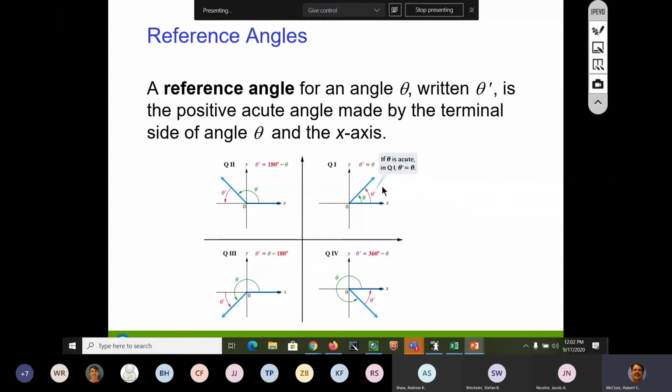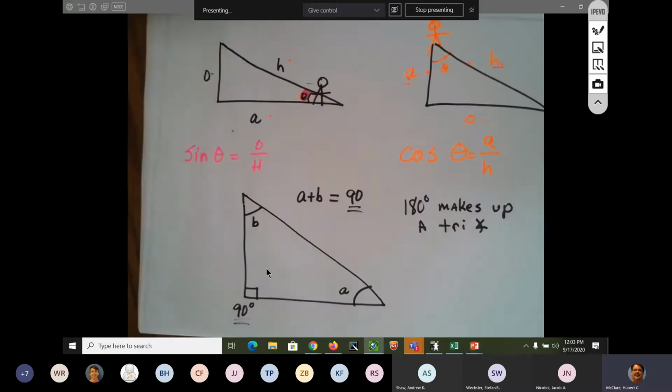Reference angle. Reference angle is the other angle. In a complementary, we already talked about this, it would be minus 90. In a supplementary, it'd be minus 180, and from 180 to 270 and 360. We discussed that when we did this.